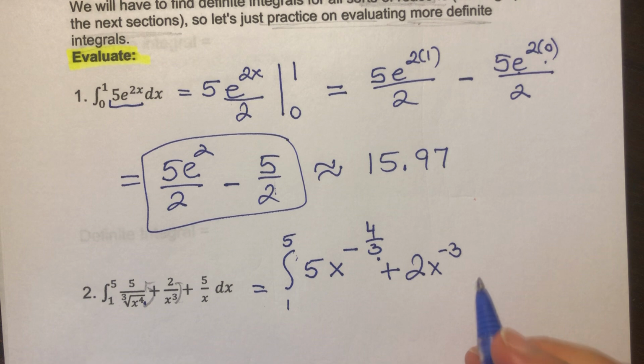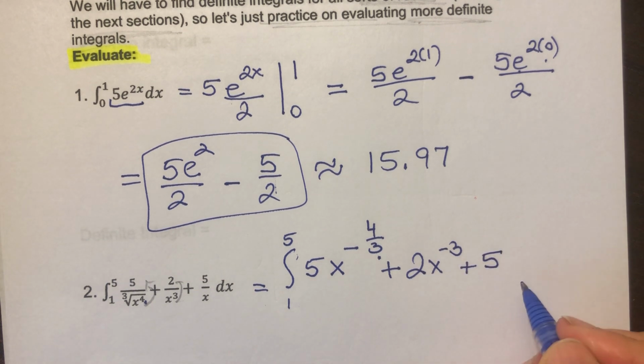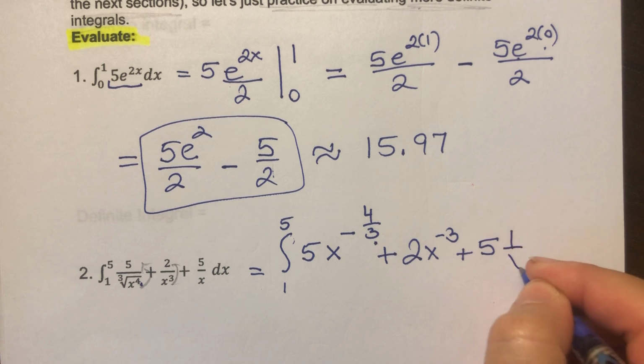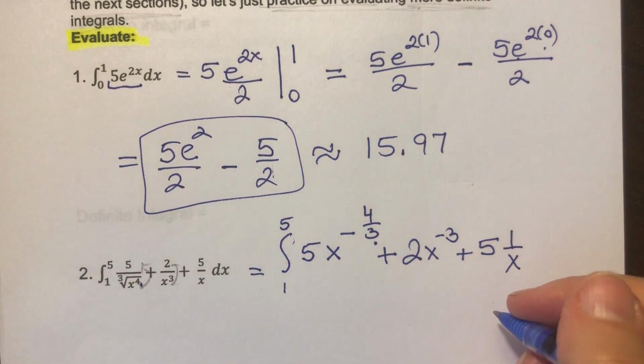That's it. Plus 5 times, should I rewrite this 1 over x as an x to the negative 1? Or do you guys recognize maybe a special case? Sure enough, you can write it as an x to the negative 1, but you won't be able to use the power rule.